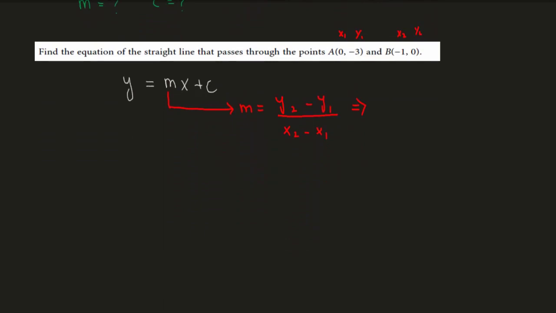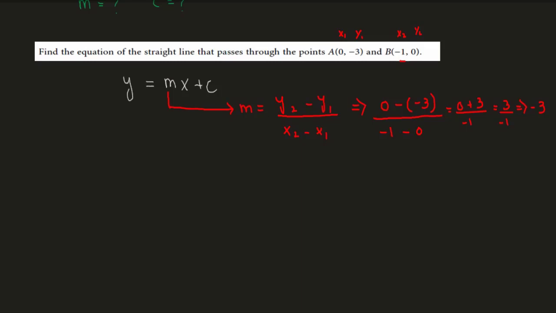So y2 is 0 minus y1, which is -3, divided by x2, which is -1, minus x1, which is 0. So 0 plus 3, divided by -1. 3 divided by -1 gives me my gradient, -3.